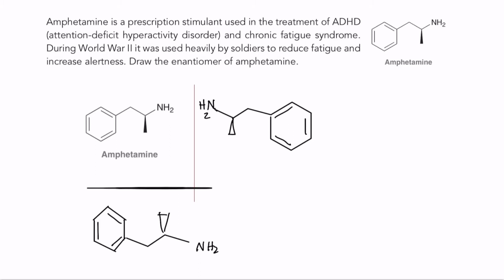Another one is to change the dash to a wedge, which is generally behind the mirror, or in front or behind, whichever one that you want to write it as. So for that one, we draw the exact same structure, but in place of a wedge, we draw a dashed line and write NH2.